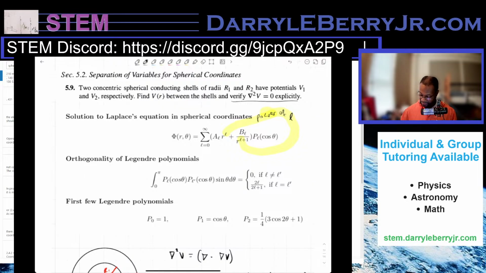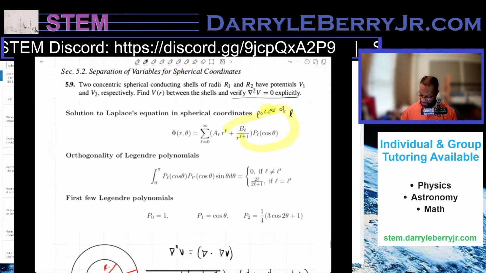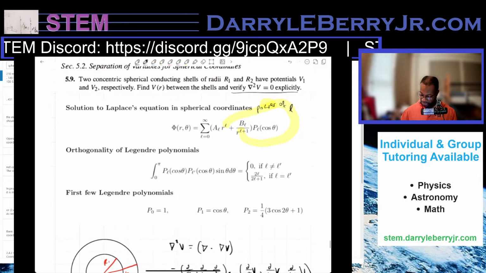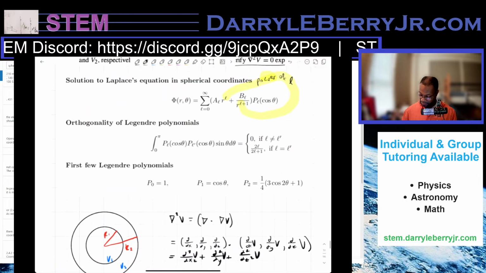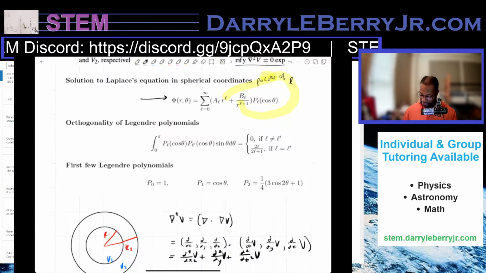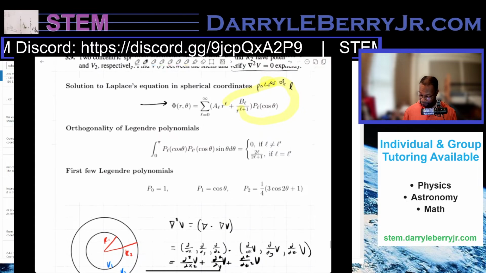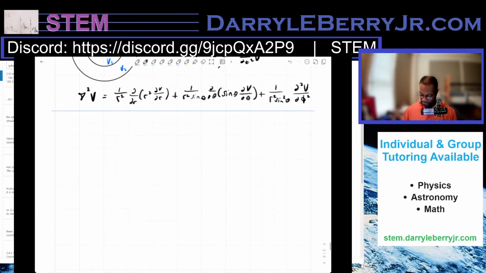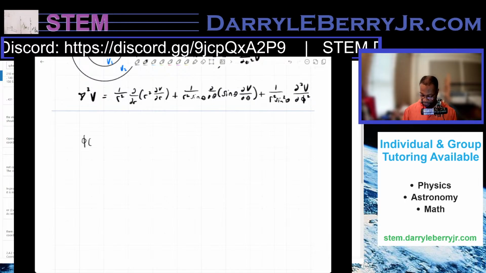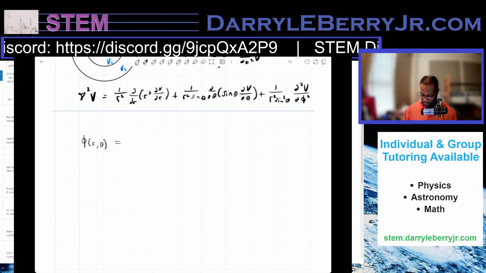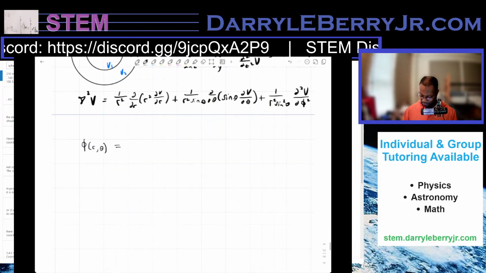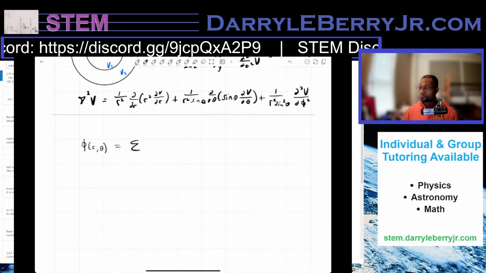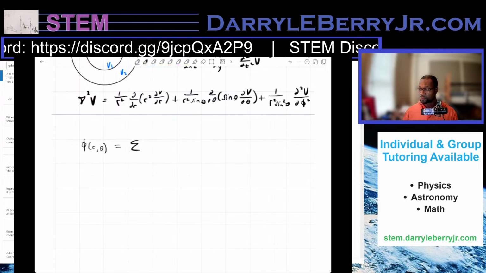But first you want to find the potential between the two shells. So we can actually utilize this equation called Laplace's equation. I'll rewrite that.